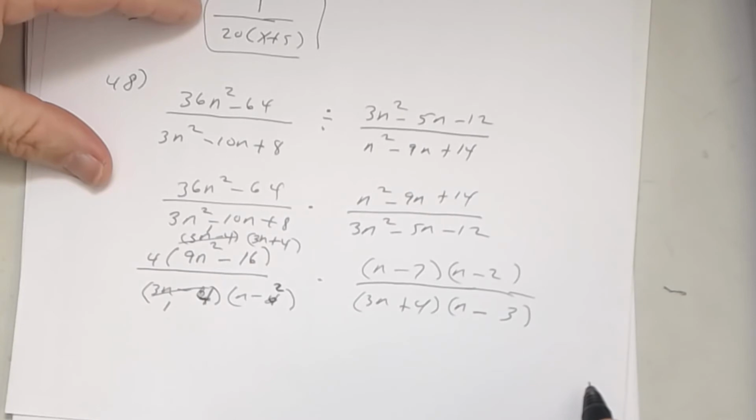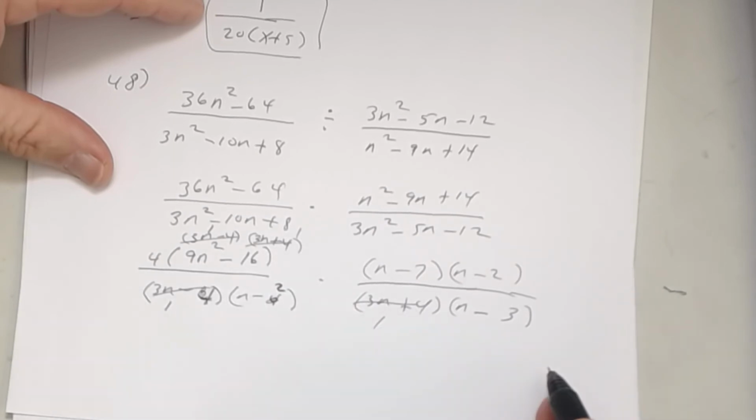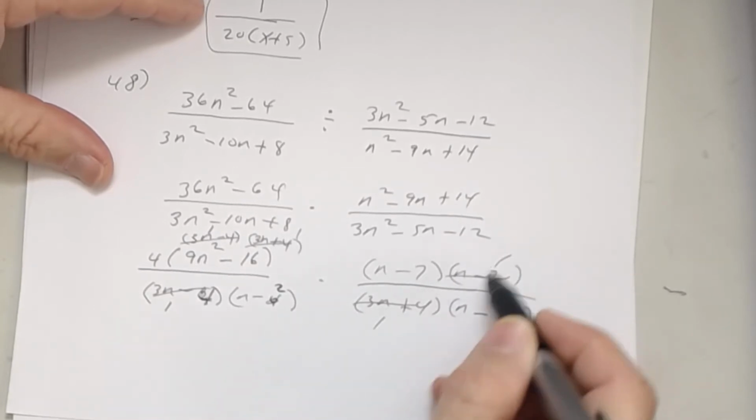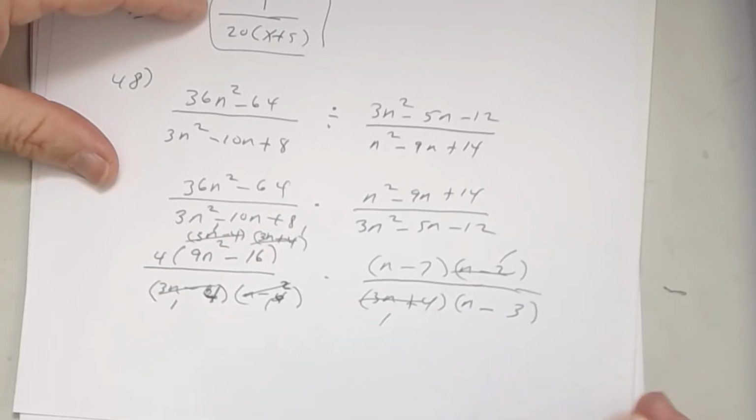The next factor you see is 3n plus 4. Is there one down there? Yes. Divide those out, factors of 1 in their place. The next factor you see is n minus 7. Is there one down there? No. Next factor you see, n minus 2. Is there one down there? Yes. So I'm done. You just write as one fraction.